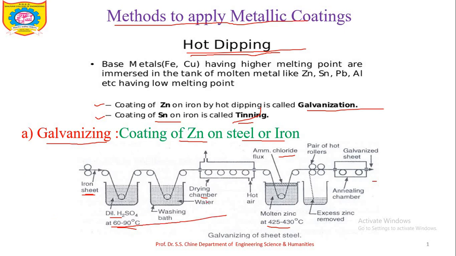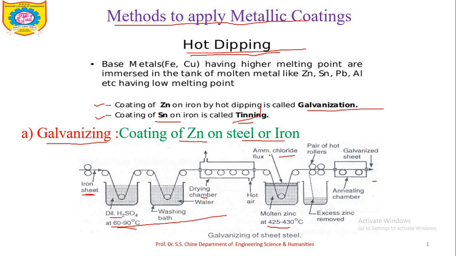Then this iron sheet is passed through the bath containing molten zinc at a temperature of about 425 to 430 degrees centigrade, at most 450 degrees centigrade. This bath is covered with ammonium chloride flux. The surface of the bath is covered to prevent the oxidation of the molten zinc metal.